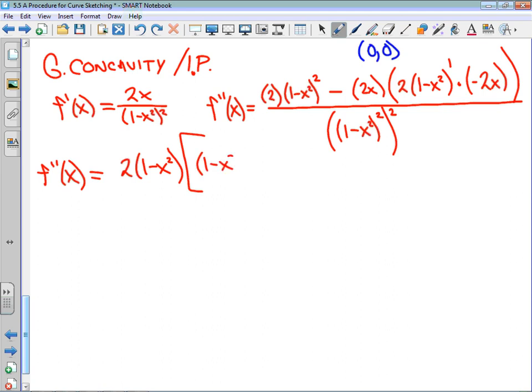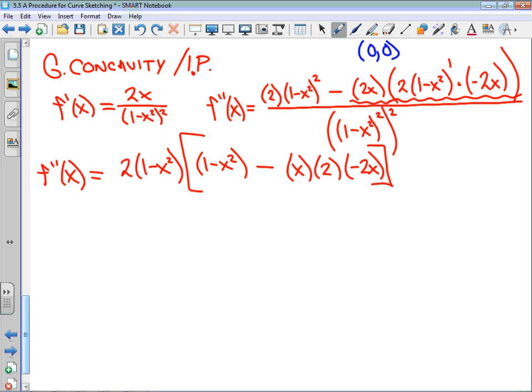I'm going to factor the 2 out, so that's left as x. The (1 minus x squared) actually gets canceled, so I have a 2 and a negative 2x left in that second term, and I'm just putting a squiggly line underneath there as well. The squiggly line should actually go all the way there. Now, you certainly could have just taken out the 2 times (1 minus x squared), because that's what we factored out of, but I like to do that piece by piece just to practice my factoring.